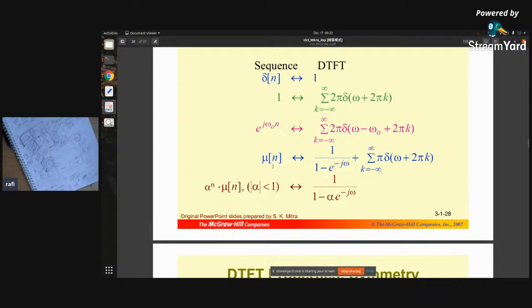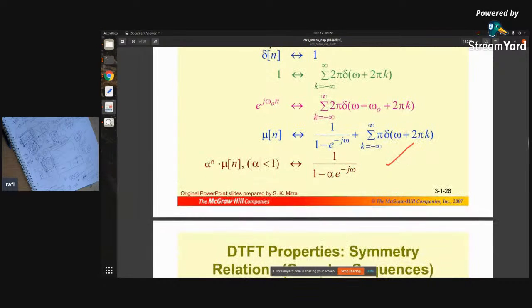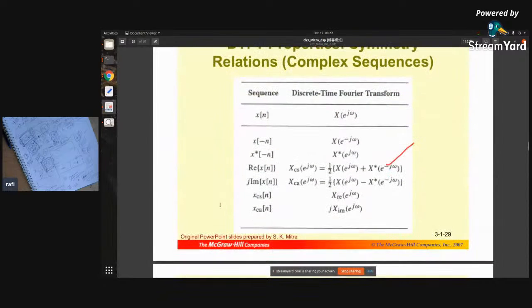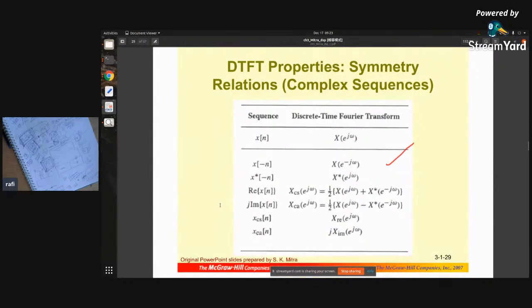We will also see in the coming slides that cos omega naught n and sin omega naught n are also not absolutely summable and don't have finite energy. They are periodic signals. For all periodic signals, we will have this delta of omega component common in DTFT, which we will see in the next classes. This is the most important concept in DTFT.